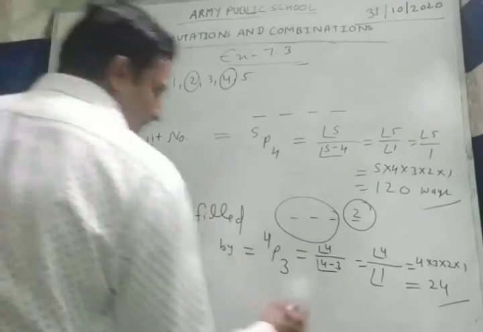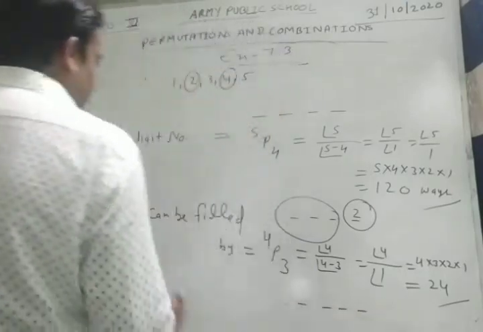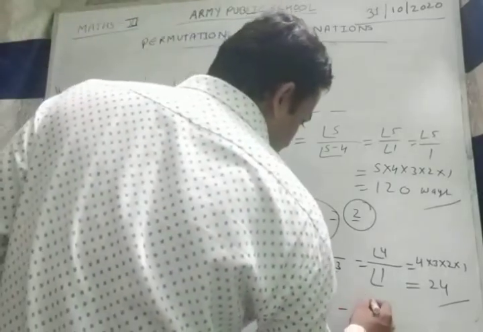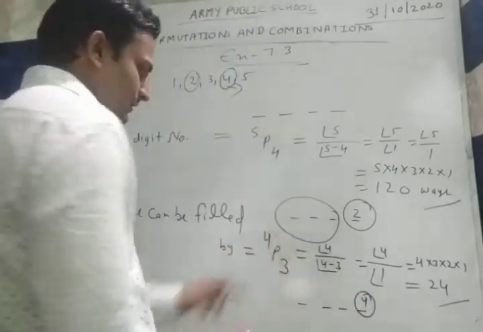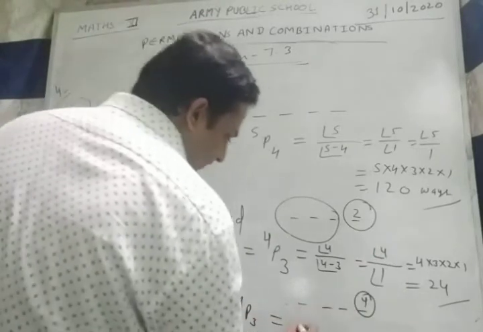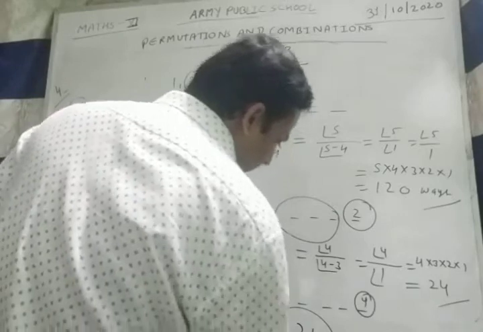Now, there are 2 conditions because 4 is also an even number. If we are fixing 4, then again this can be filled by 4P3 ways. Again we are getting 24 after solving.